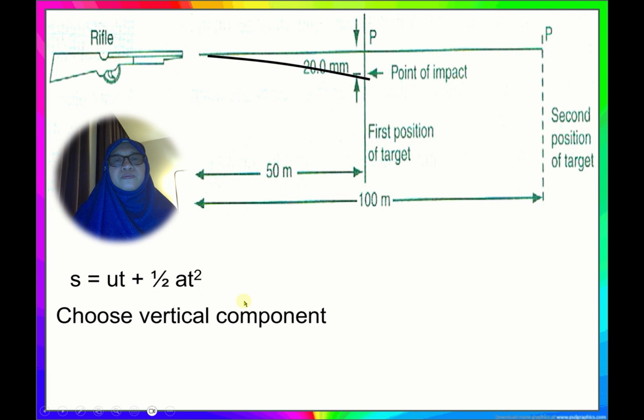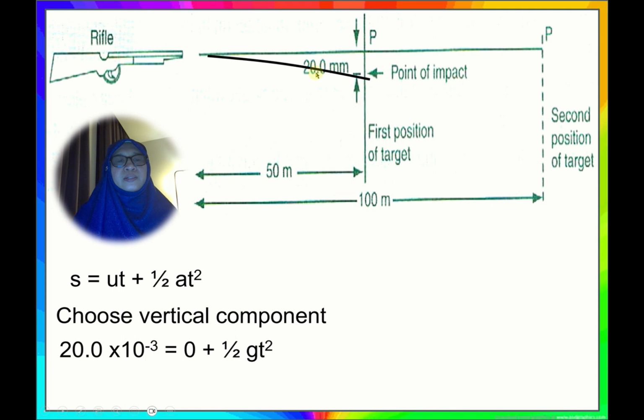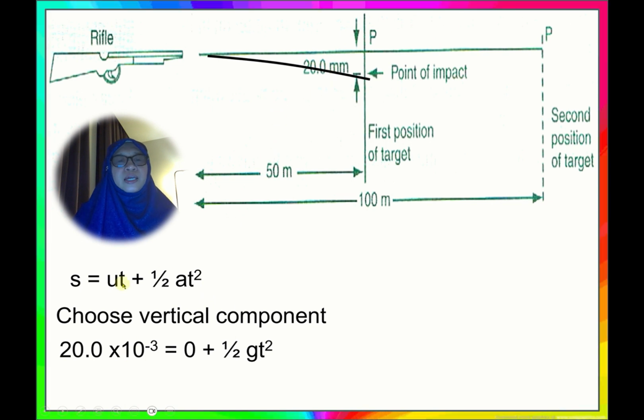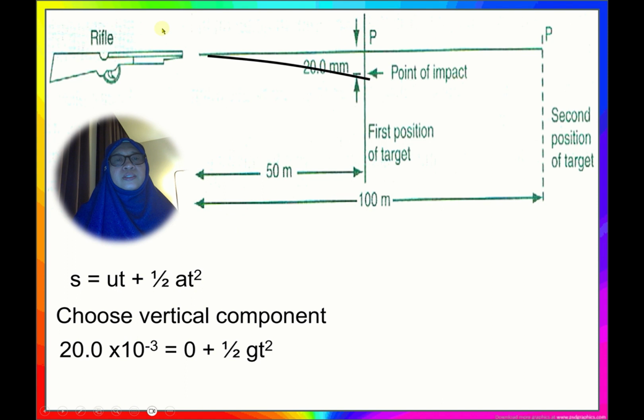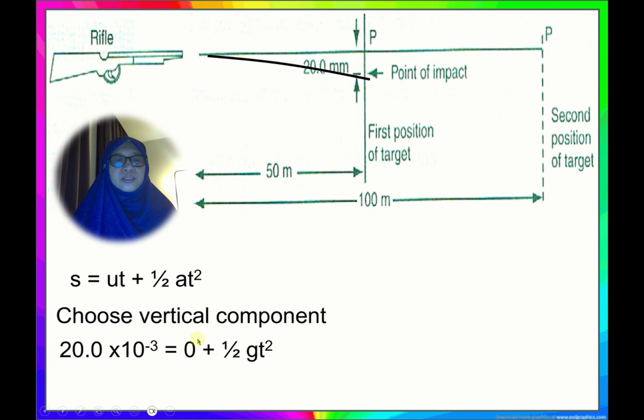So we choose the vertical component because the 20 millimeter here is vertical. So we choose the vertical component, 20 millimeter, convert to meter, and the initial velocity is u, correct that, the u is 0, plus half g t squared.